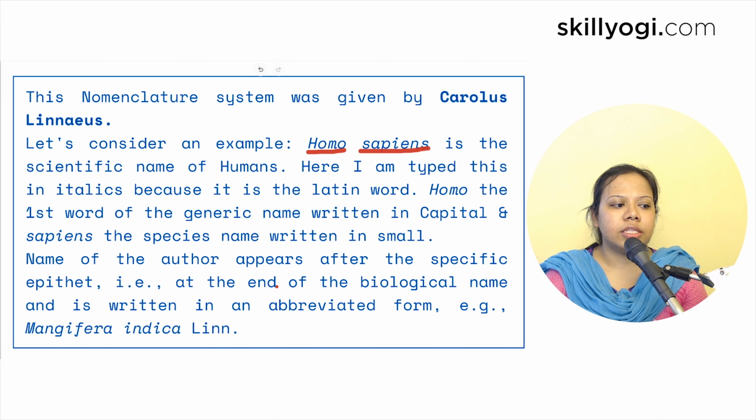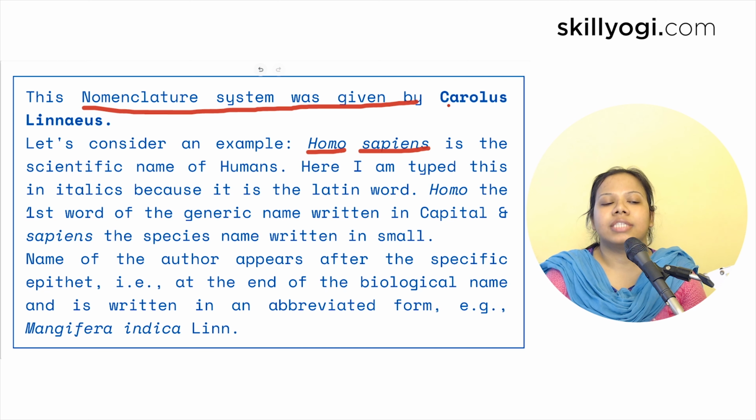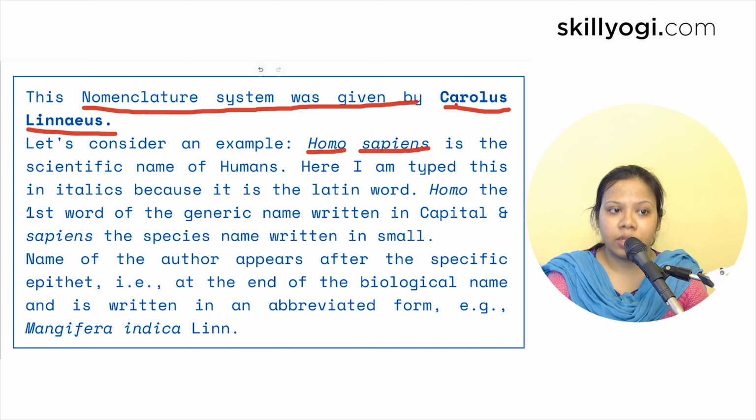Another thing: the nomenclature system was first given by the scientist Carolus Linnaeus, which is very important. Who invented the nomenclature system? The nomenclature system was invented by Carolus Linnaeus.